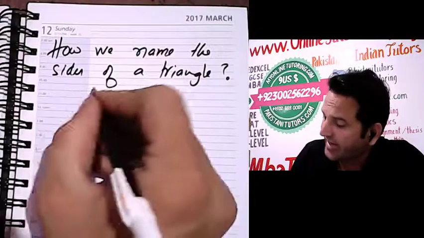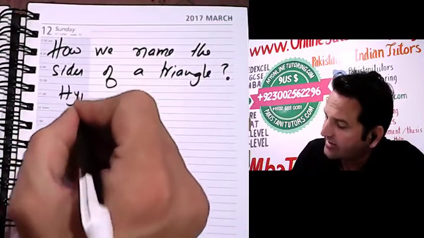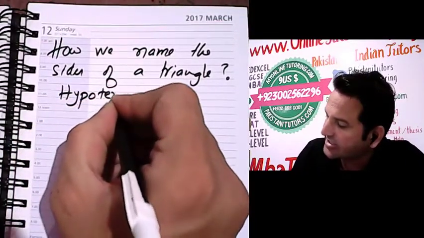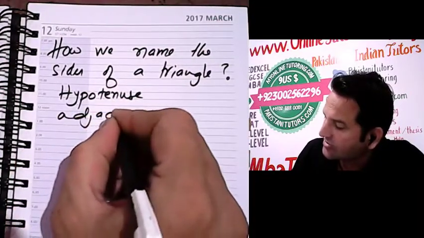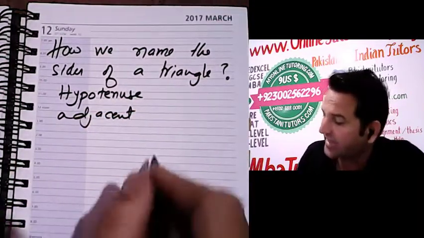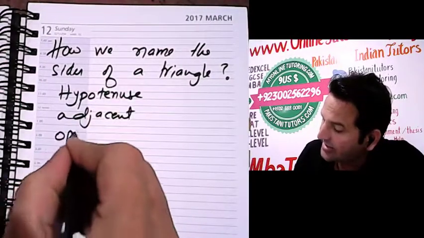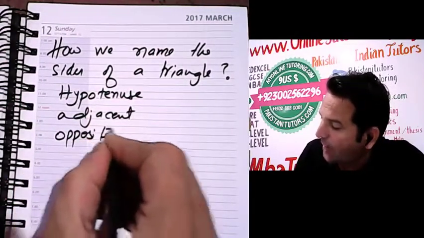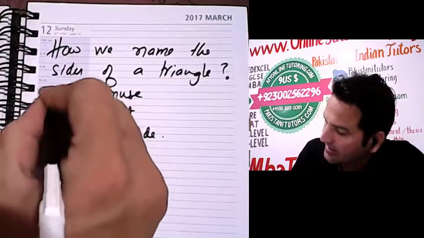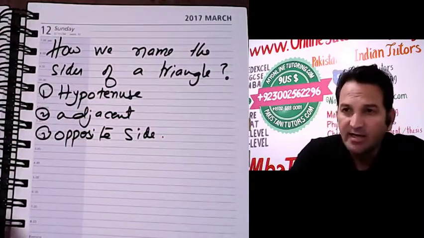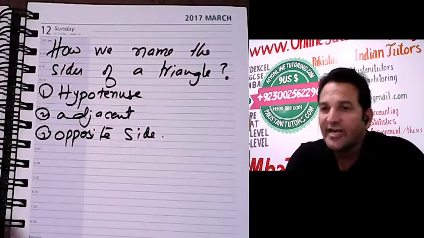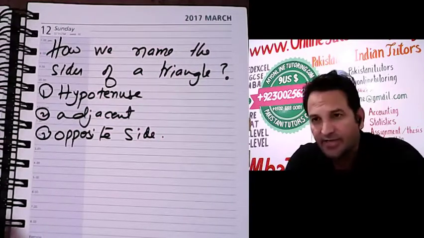There are 3 sides. One is known as hypotenuse, another is known as the adjacent side, and the third is known as the opposite side. One is hypotenuse, the second is adjacent, and the third is the opposite side.